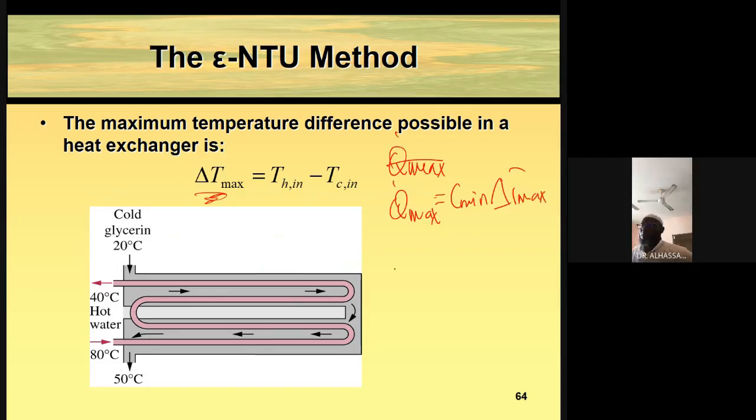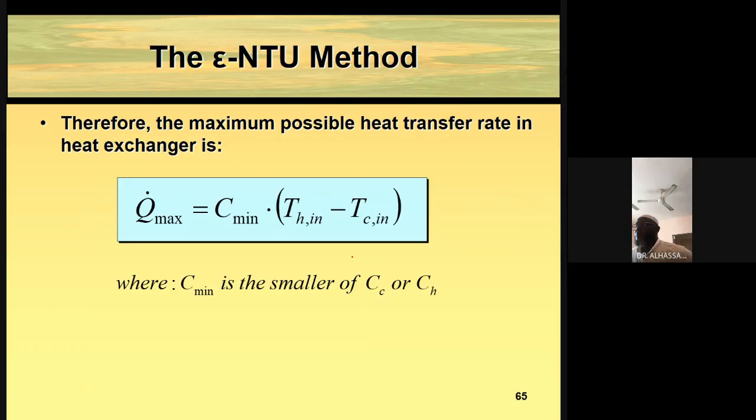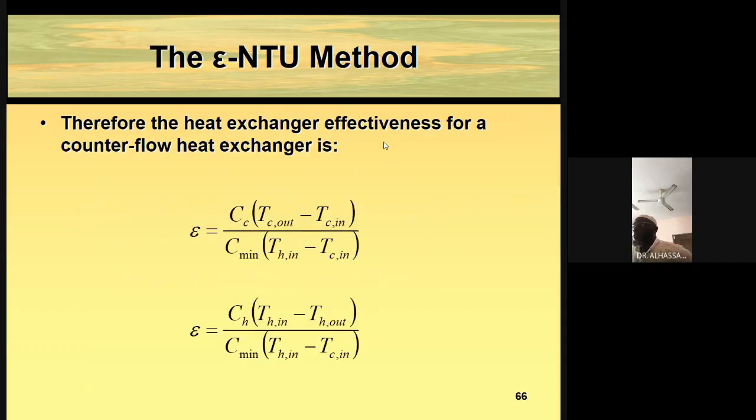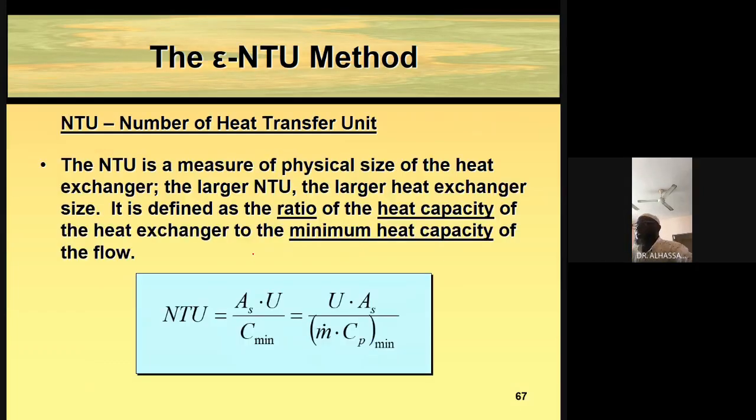So the same thing I've told you: the maximum temperature in the cycle is this, and the minimum temperature in the cycle is this. Now, effectiveness can thus be calculated in this way, using either the cold fluid or the hot fluid.